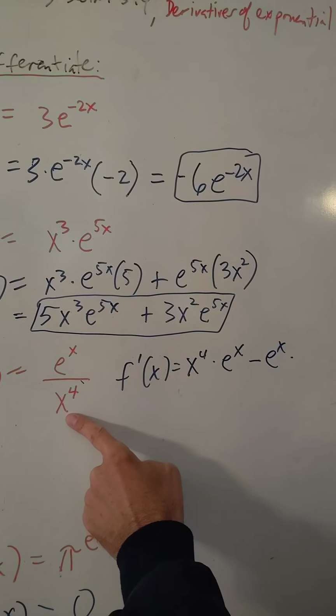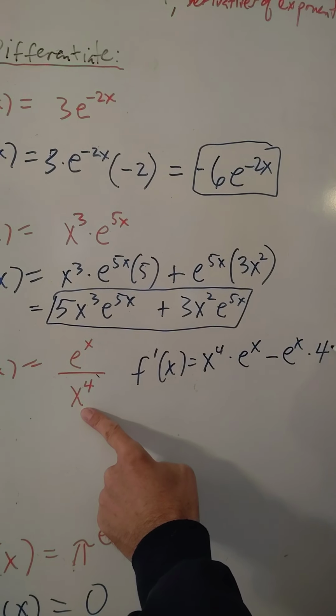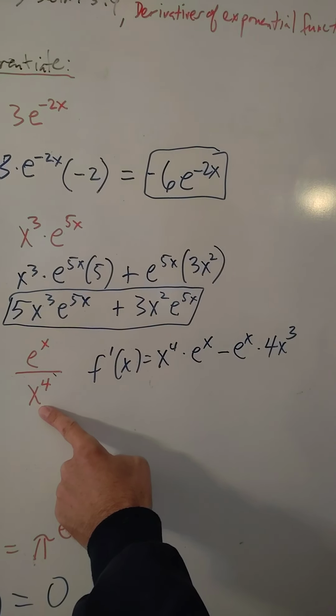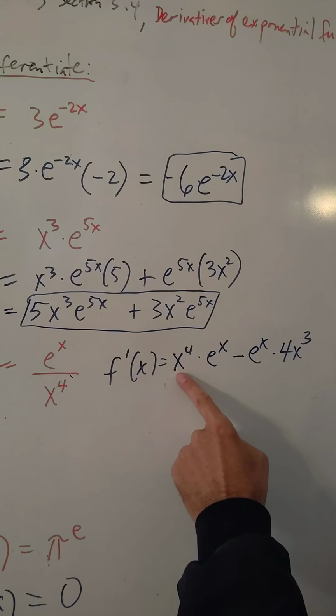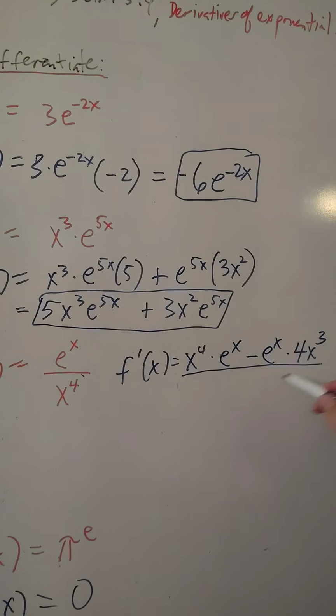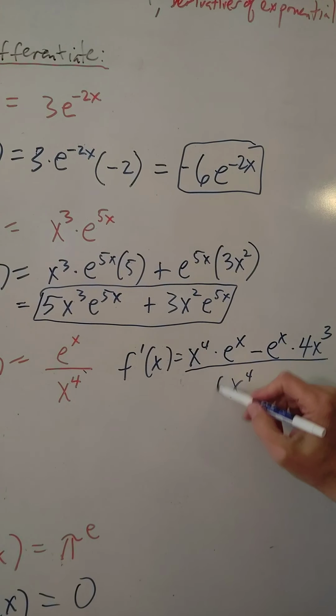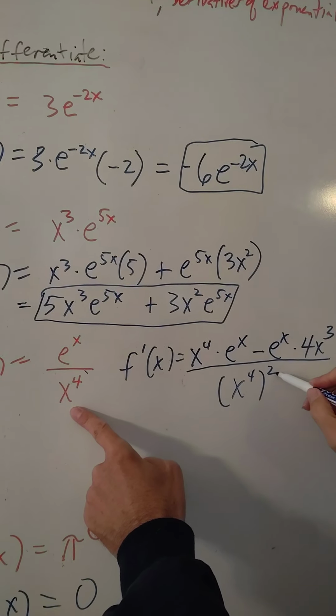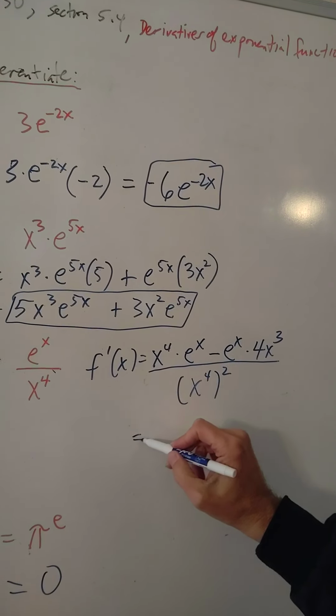So times, what's the derivative of x to the 4th? 4x to the 3rd by the power rule. So it's low d high minus high d low all over low squared.